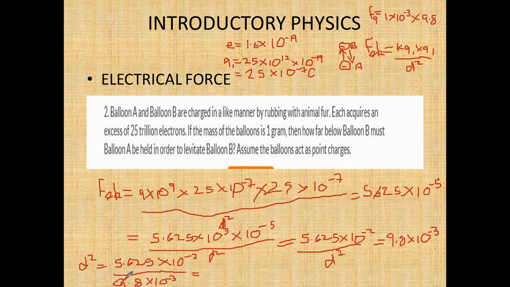That is equal to 0.574. Times 10 to the minus 2, and we're dividing by 10 to the minus 3.